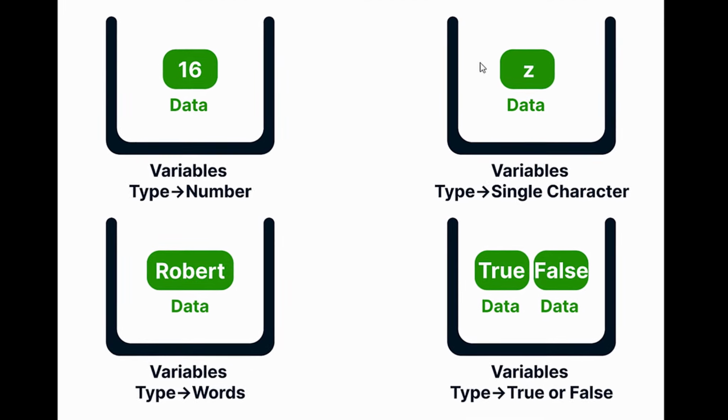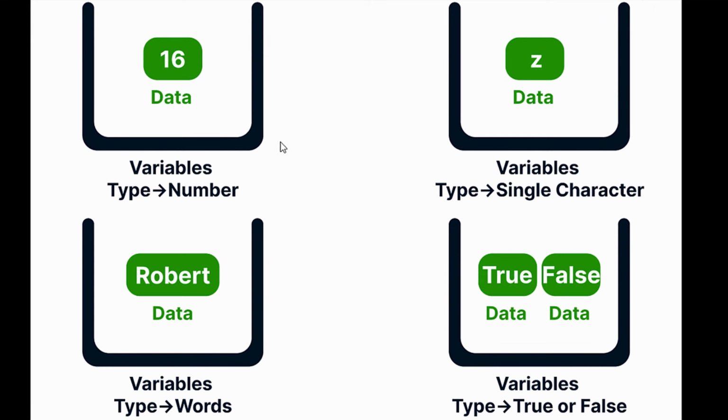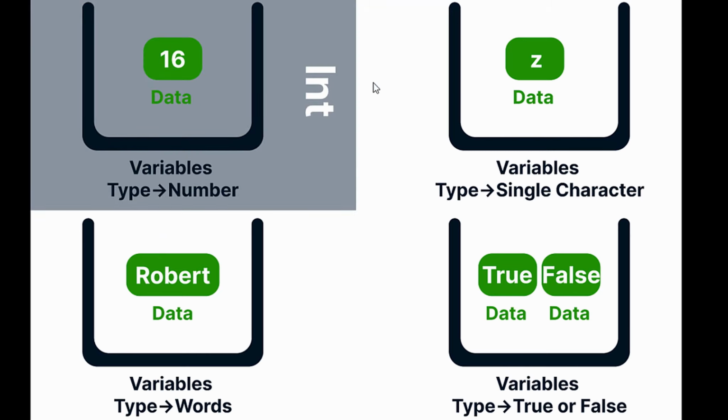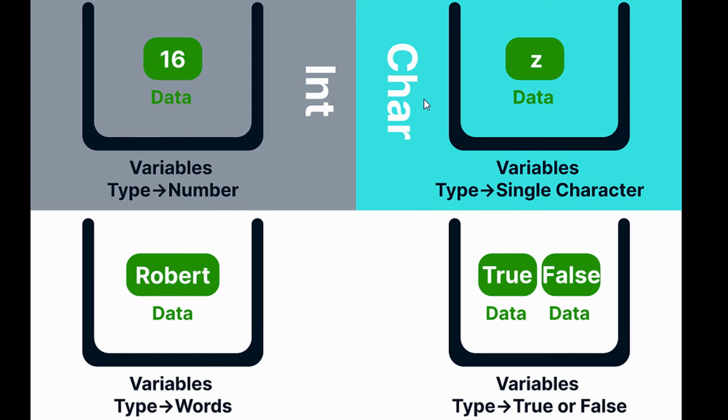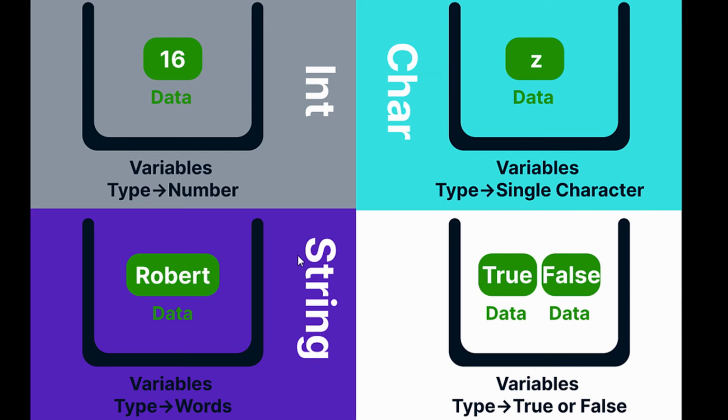And each type of these variables has a name that we use to refer to it when we are coding in C++. The type of data that can only store numbers is called int, the type of data that can only store a single character is called char, and the type of data that can store more than one character, like the name of a person or a sentence, is called string.